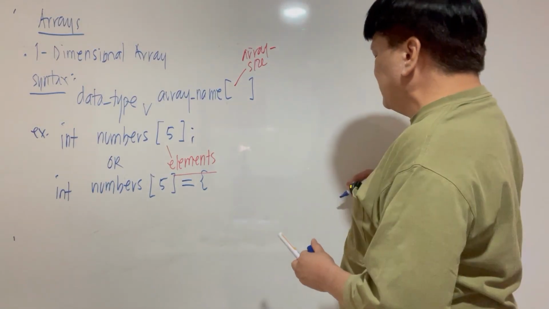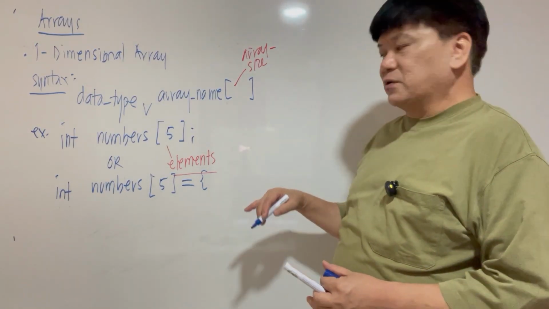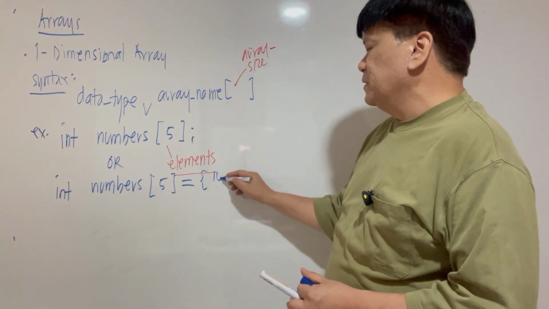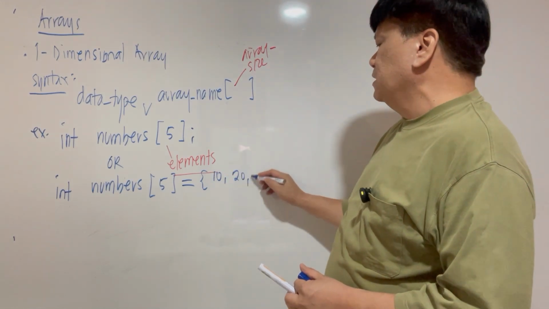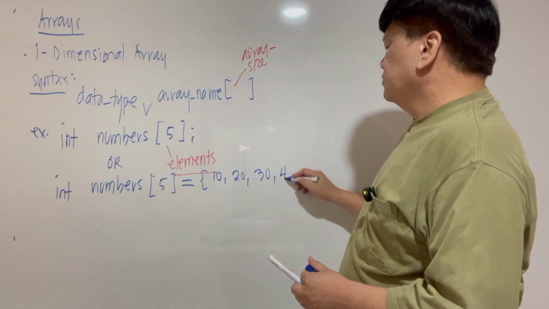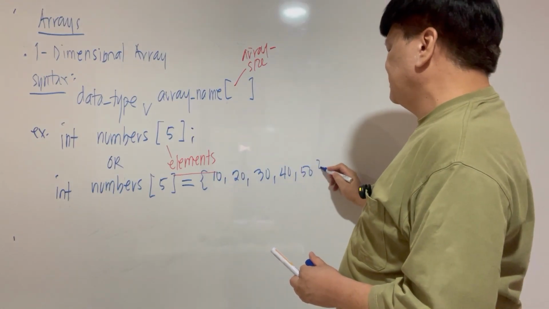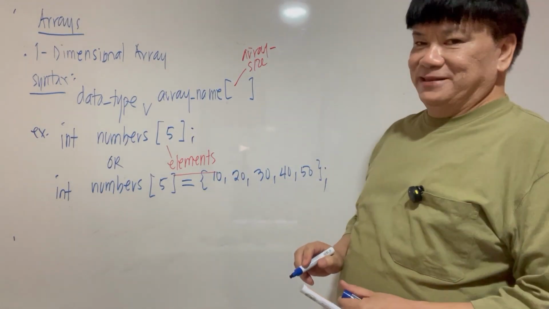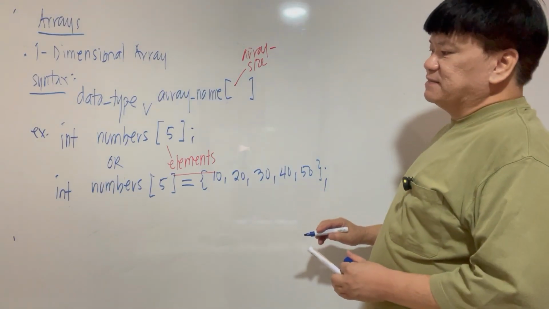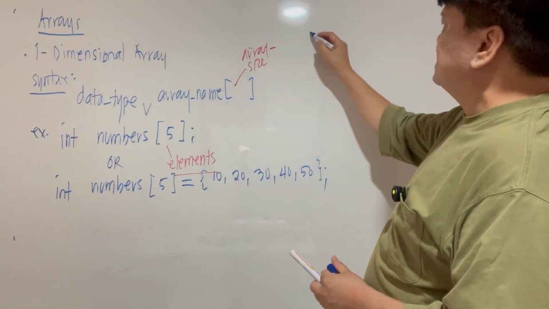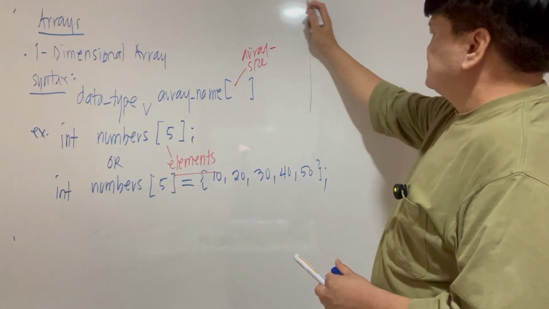Then you put the elements inside the curly braces. So for example, 10, 20, 30, 40, and 50. Then semicolon.